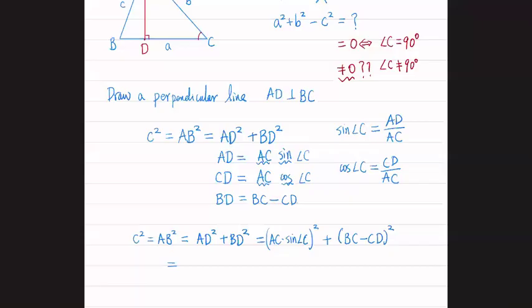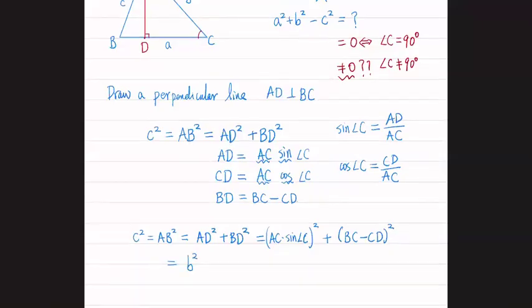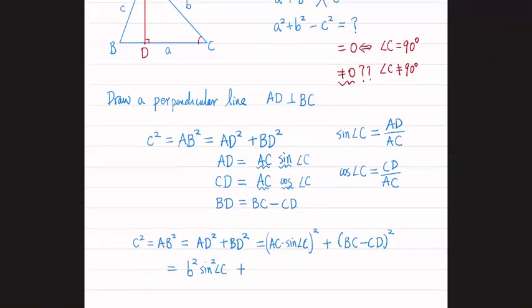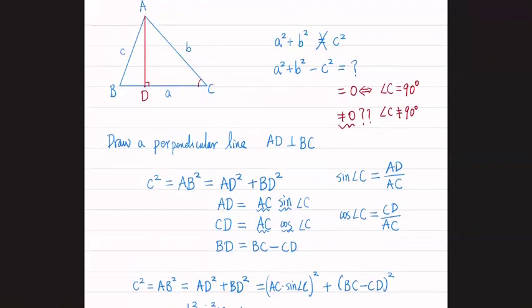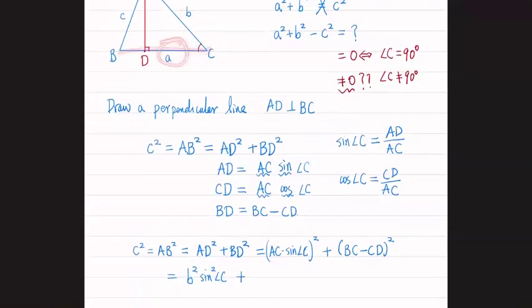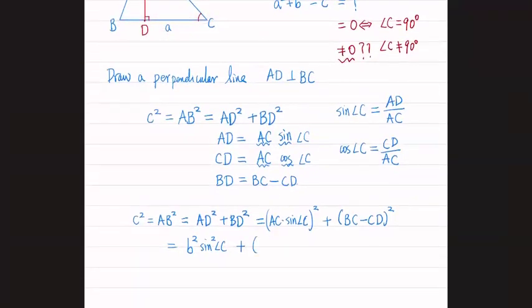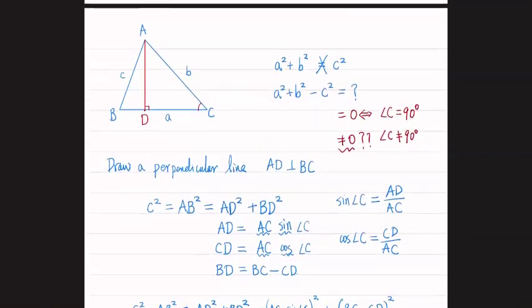The first term will be b squared sine squared. Second term, BC is side a, so I can replace BC by a. CD is AC cosine, and AC is b.